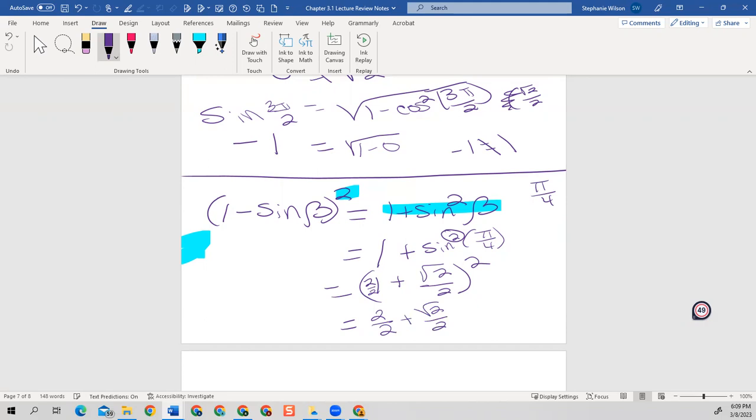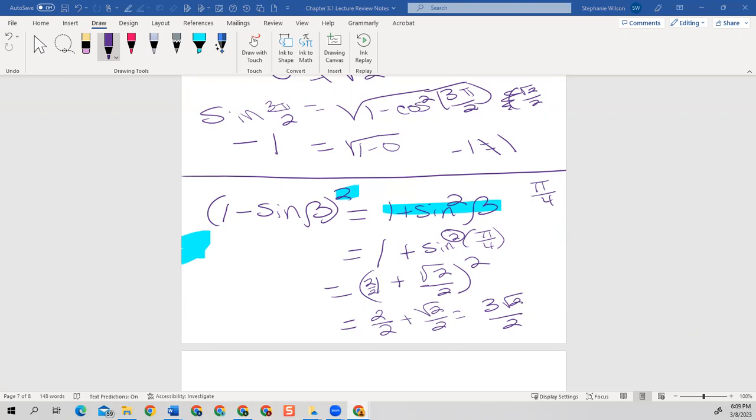Now I can add these up, right? That gives me 3 square root of 2 over 2. So I got this going on. Actually, yeah, that's all right. I'm going about it a little bit differently than how I did it before.